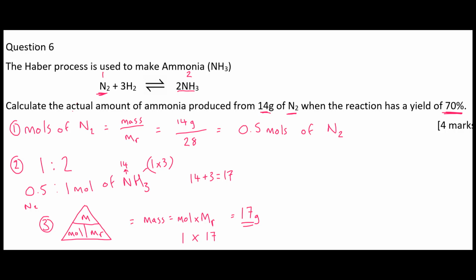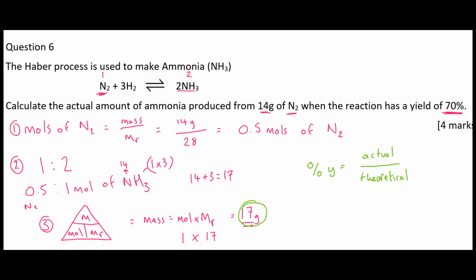Now, if we want the 4th mark, you should remember that percentage yield is equal to the actual amount divided by the theoretical amount. And we have just calculated the theoretical amount.